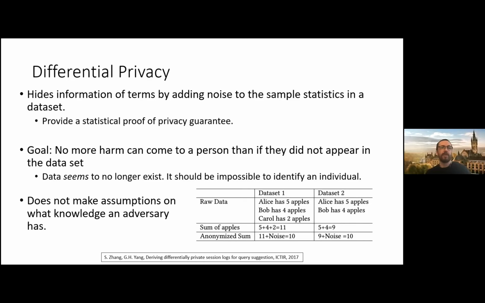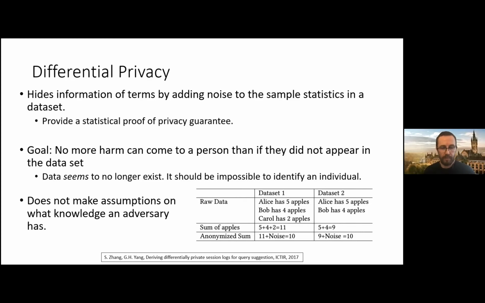So here at the bottom we see a very toy example, which is from Grace Yang and colleagues. It works on numerical values. As I said, we're primarily focusing here on query log distribution. How can we distribute anonymized query logs?